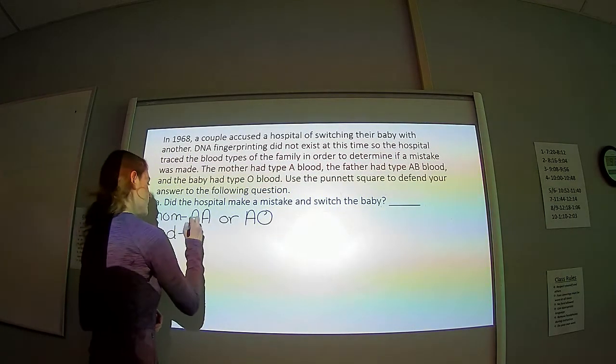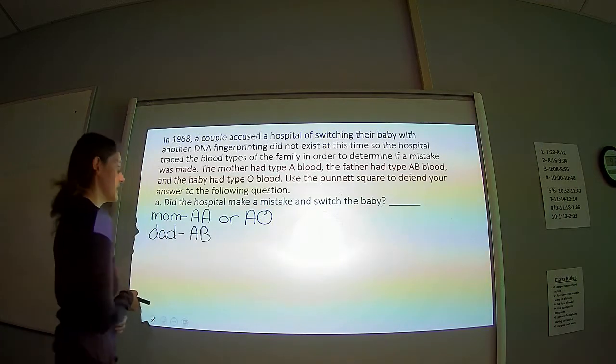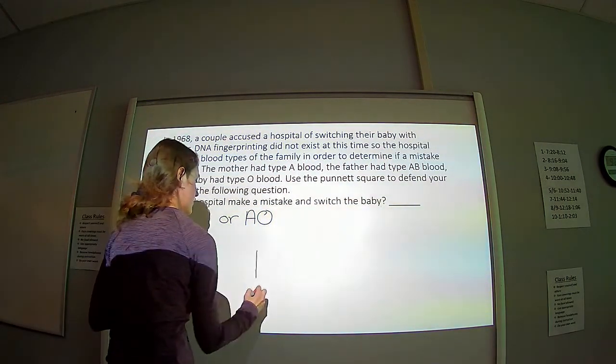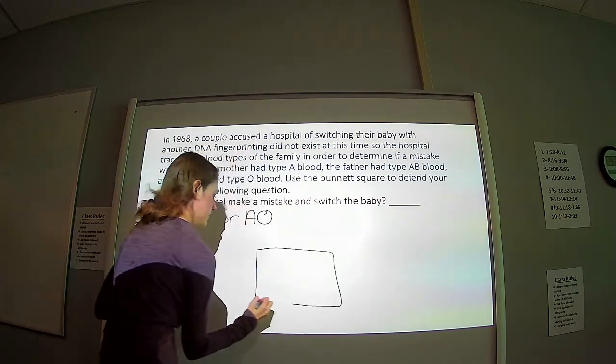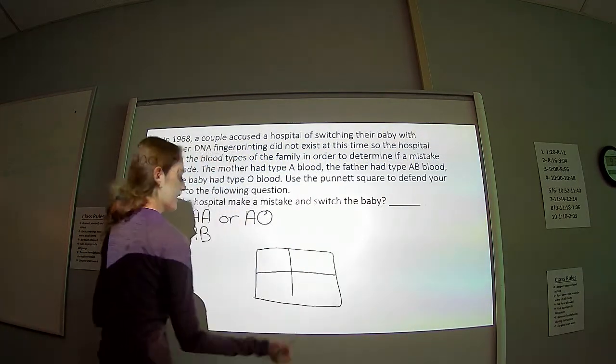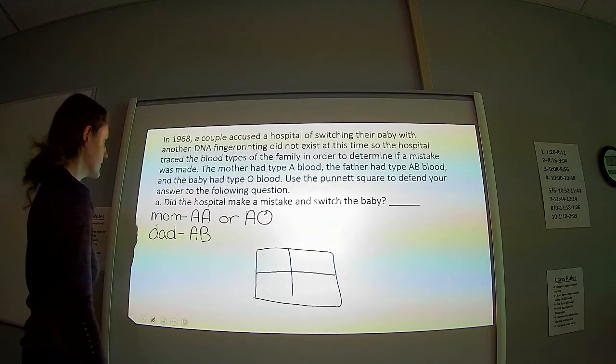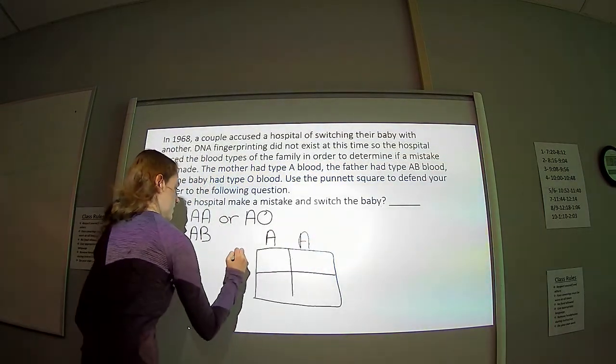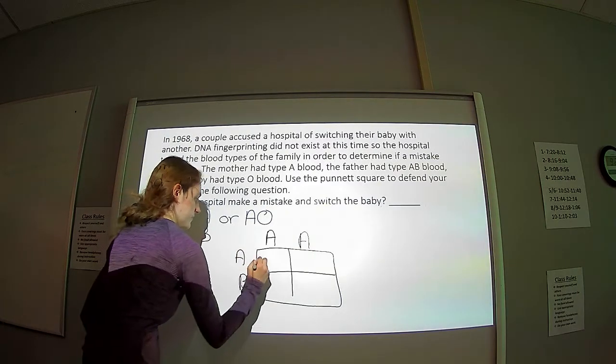There's only one possibility for that, and that is an AB. So now if I do a Punnett square, I would have to do two squares to show because we don't know if mom is homozygous or heterozygous. So here's my first one with mom being homozygous.